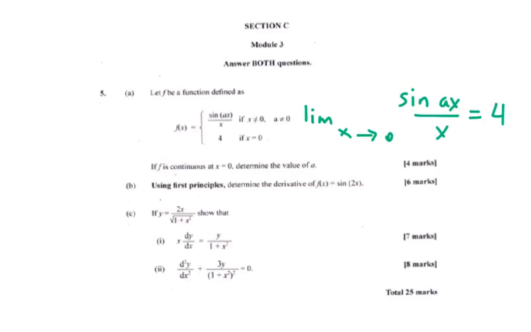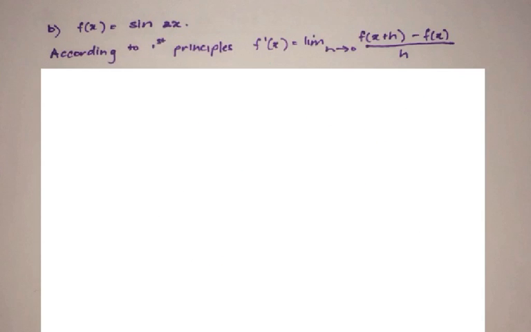So when we're finding the derivative according to our first principles method, it means that the derivative of f of x, which is f prime of x, is going to be equal to the limit as h goes to 0 of f of x plus h minus f of x over h.